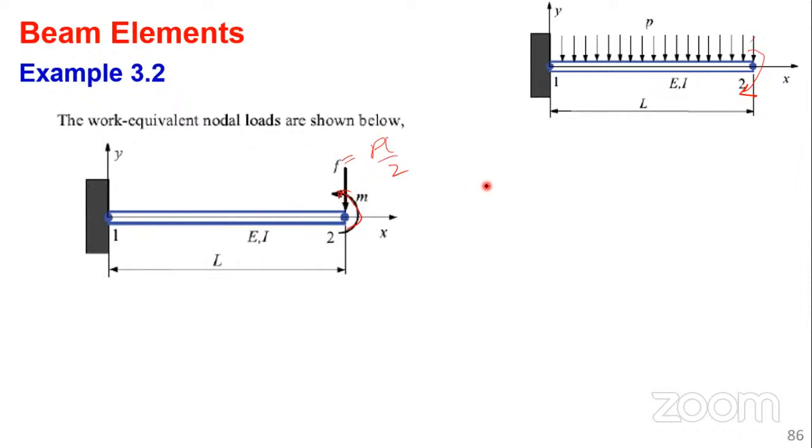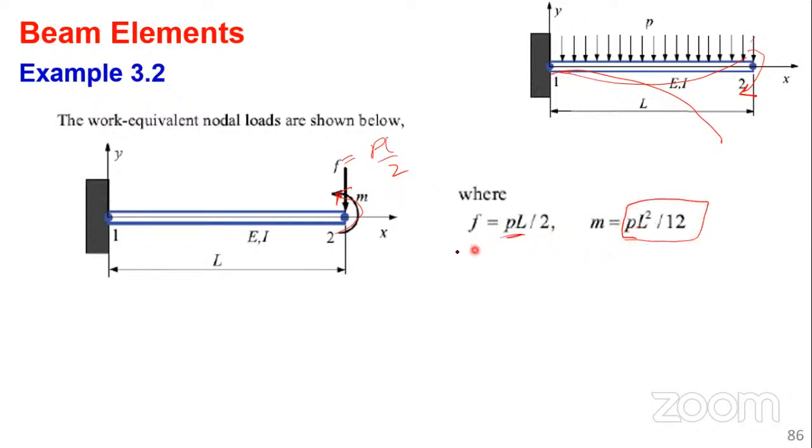That's why you have the moment in the opposite direction. Hogging, this means it's bent like that. Sagging would have been like that, which we do not expect. Right. So F, of course, now is given as PL over 2. You know that. The moment is given by this fixed head moment, WL squared over 12, and it is positive.